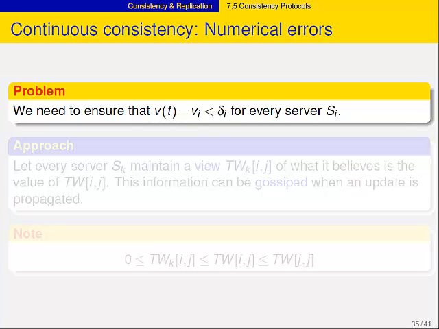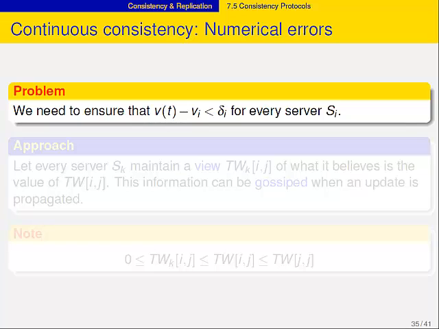To me, it's just tuck, tuck, tuck, x goes up and up. That value of x is vt. And in a continuous consistency model, I can specify that any of those servers inside that black box is not allowed to deviate from what I see from the outside to be the real value by more than delta units. That was a very long sentence. I apologize for that.